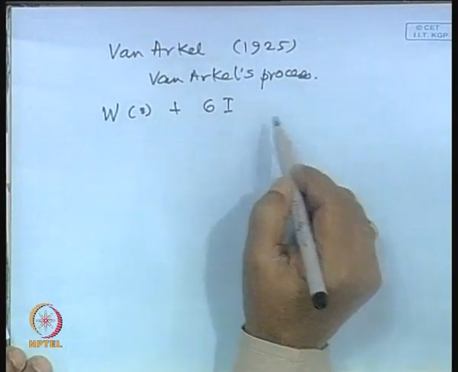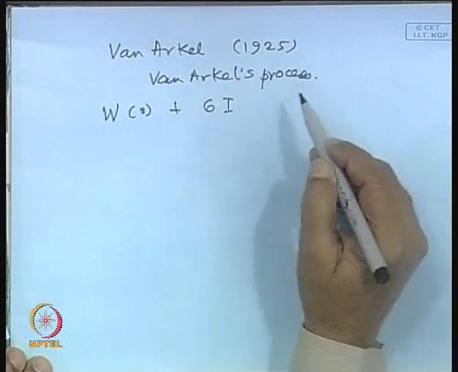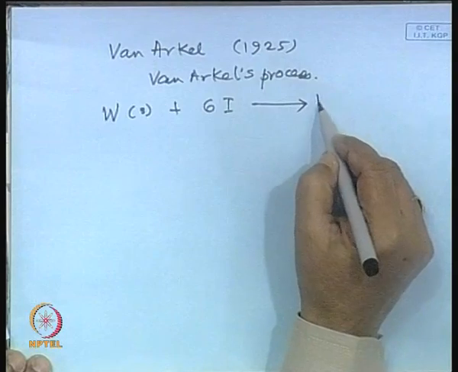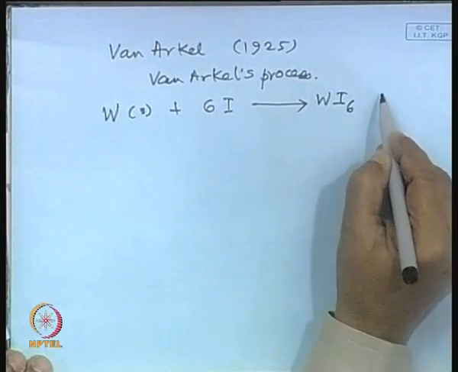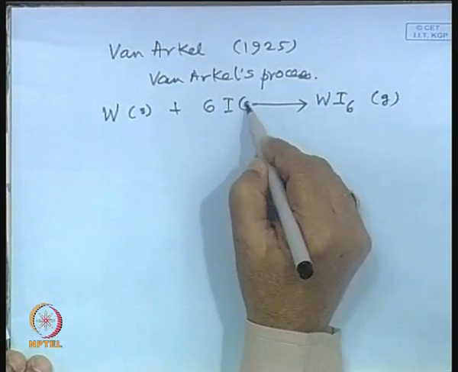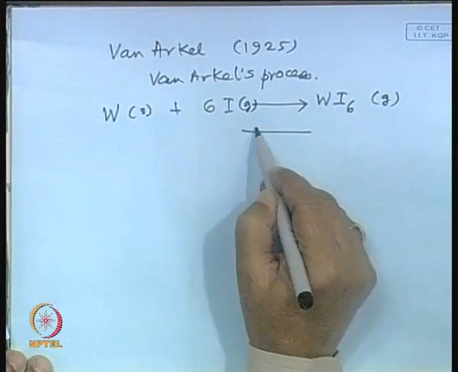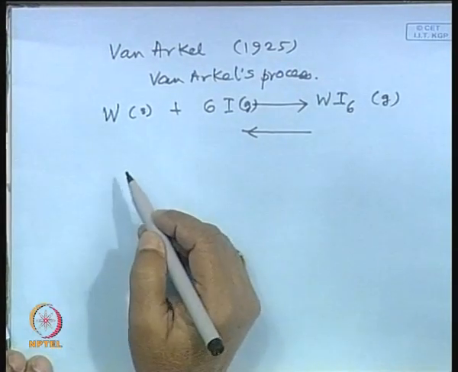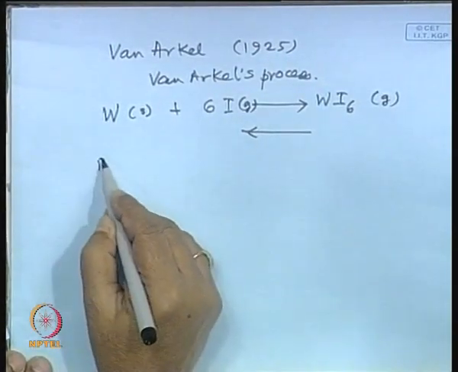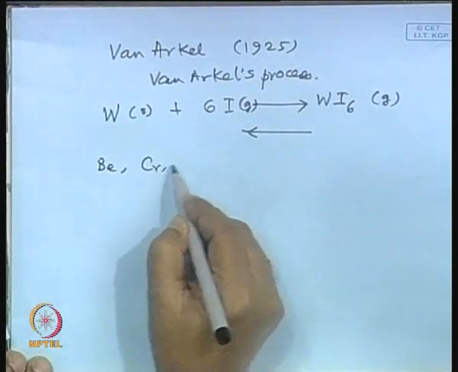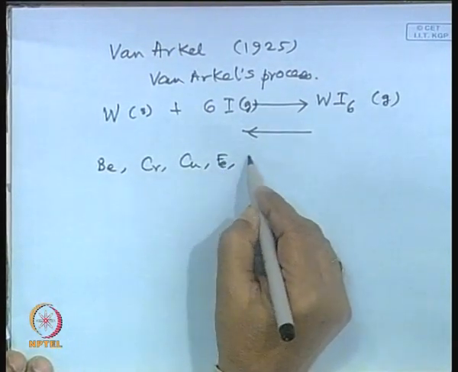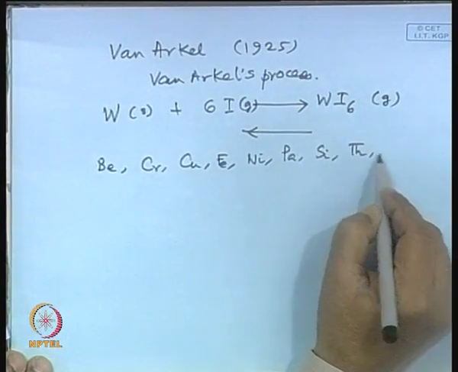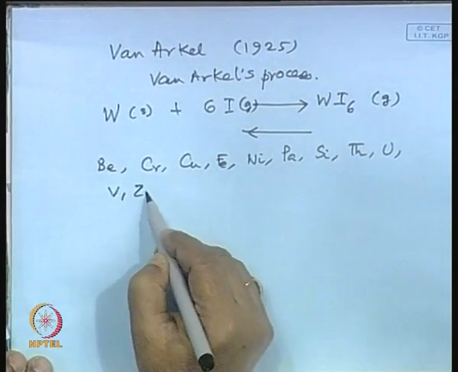I am writing I because at the temperatures where the reaction is taking place, iodine is atomic, to produce tungsten iodide gas. At another temperature, it is reversed. This method can be applied on a small scale for many metals like beryllium, chromium, copper, iron, nickel, palladium, silicon, thorium, uranium, vanadium, zirconium, etc.